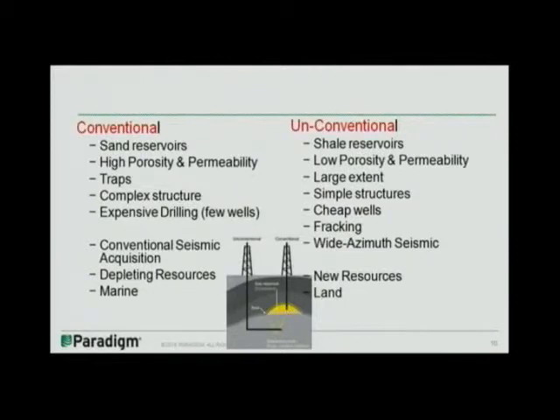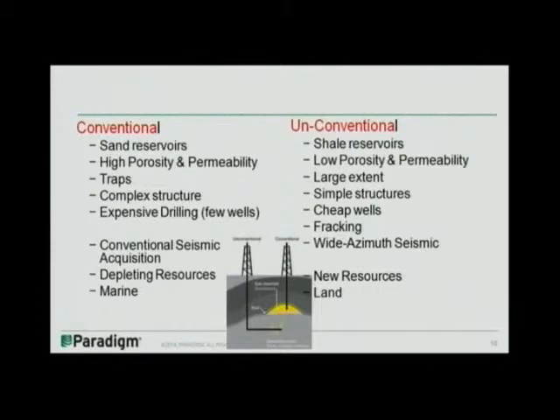The conventional reservoirs are high porosity and high permeability, so it's easy to extract the oil from the reservoir, while the unconventional have very low porosity, close to zero, and very poor permeability. So it is very, very difficult to extract the oil and the gas from the reservoir.